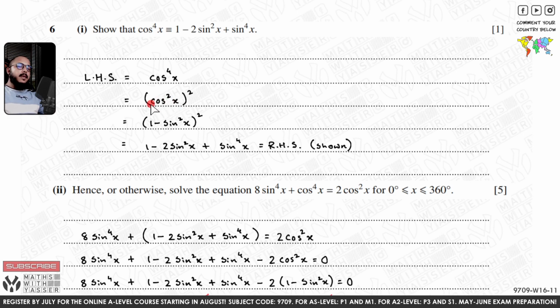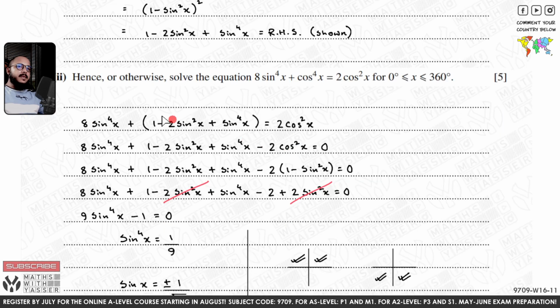So this can also be written as (1 minus sine square x) whole square. If we use the formula (a minus b) whole square, we will get 1 minus 2 sine square x plus sine x to the power 4, which is equal to the right hand side.